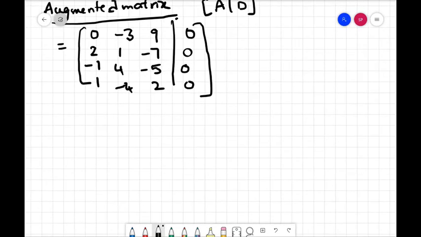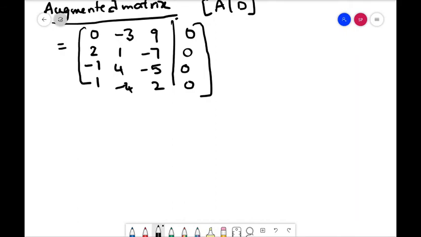How do we reduce it to echelon form? Because for solving a system of equations, we write the augmented matrix and then reduce it to echelon form. To reduce to echelon form, first we have to consider the first row, first column element, but that is 0 here. When the first row, first column element is 0, you interchange rows and send this row to some other place. So I will interchange R1 with R4.